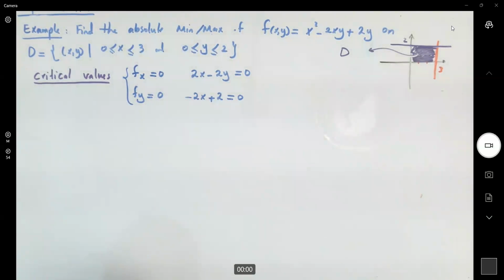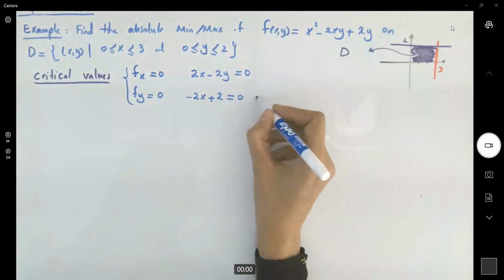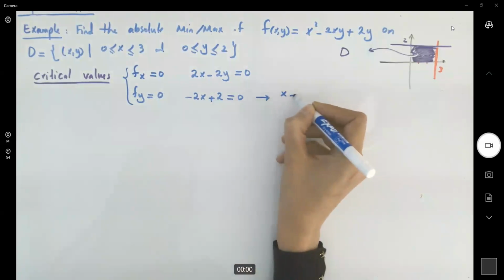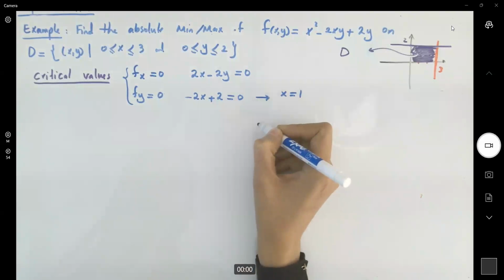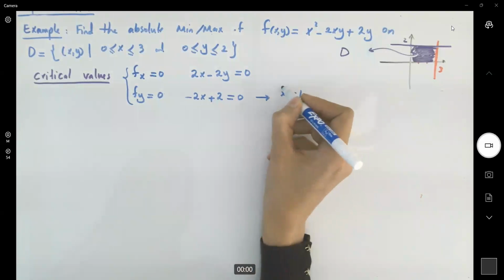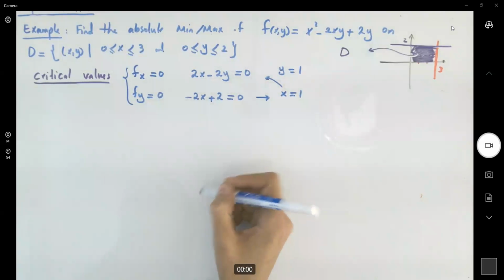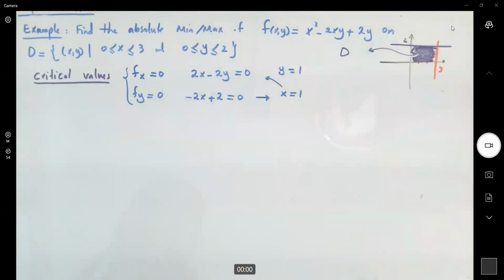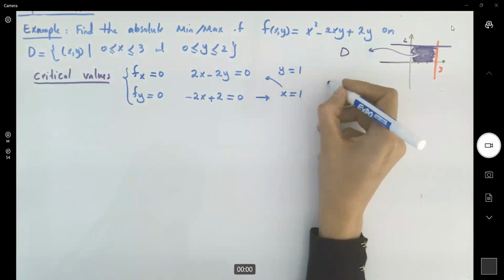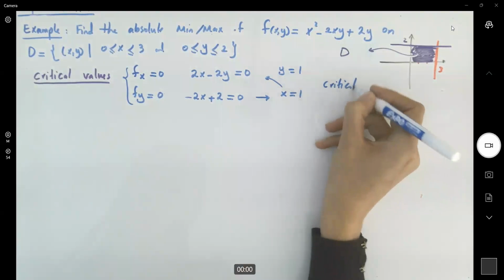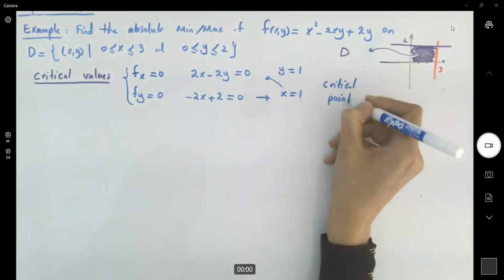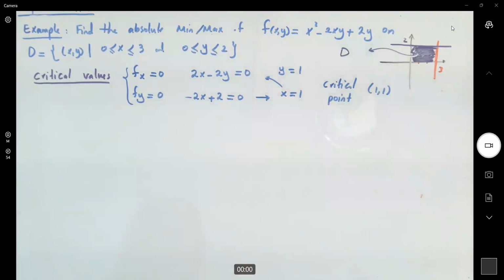Very good. So by solving the second equation, x is 1. So when x is 1, y is 1 as well. So just substitute this here. The only critical point is 1 and 1.